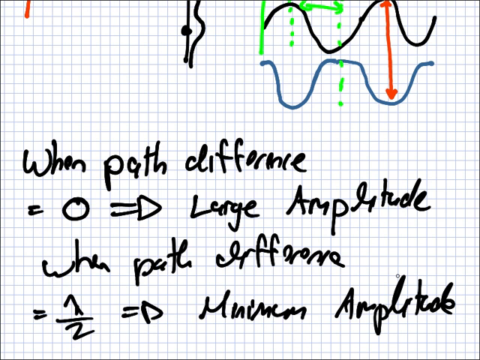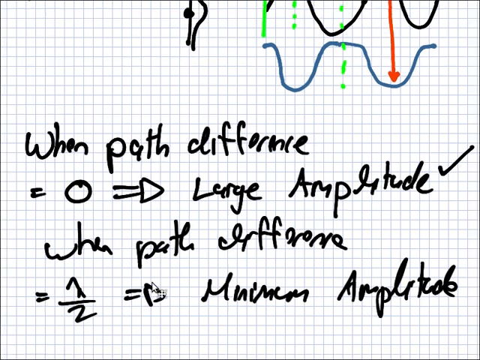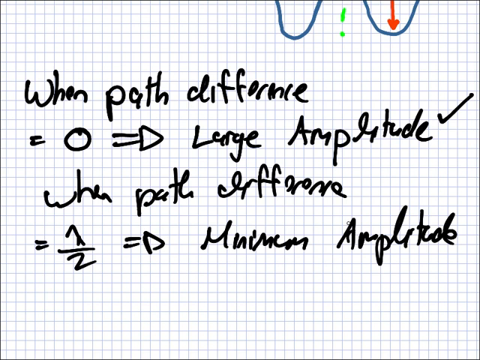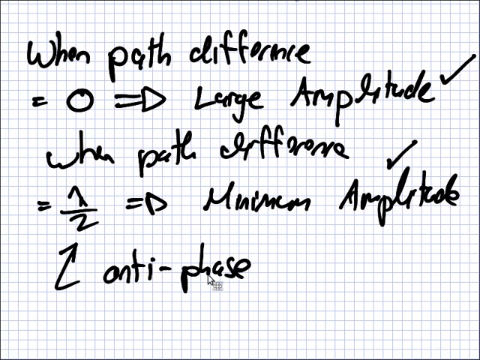At some points, waves from x and y arrive in phase, producing constructive interference and a maximum. At some points, waves from x and y arrive in anti-phase, producing destructive interference and a minimum. They used a new term which I thought was interesting. I've not seen it before in the exam. You don't have to use it, but they called this situation antiphase. Is that what you said? It's interesting.